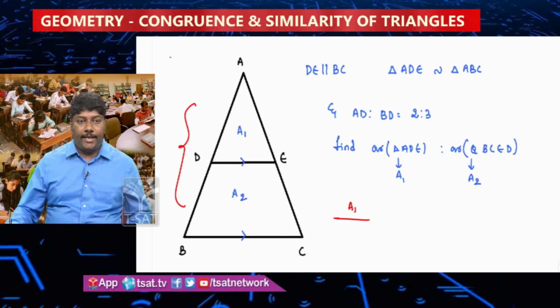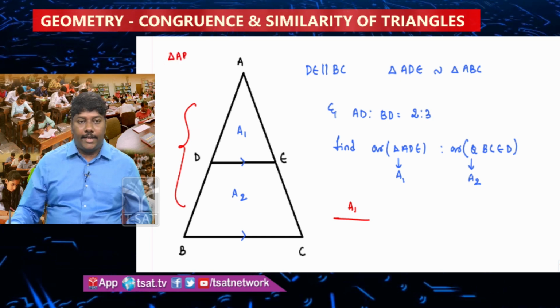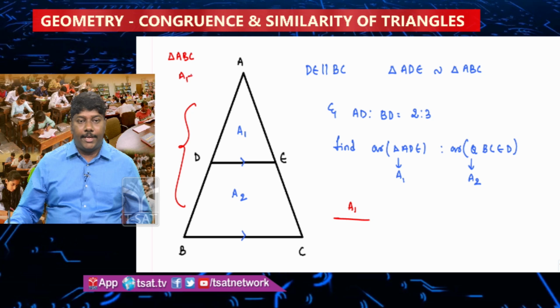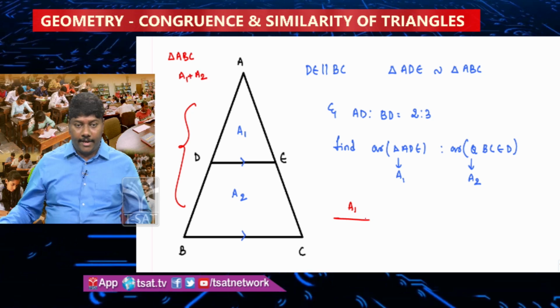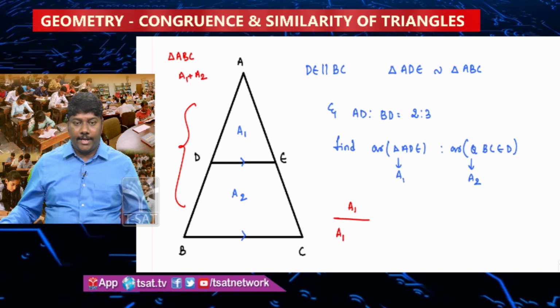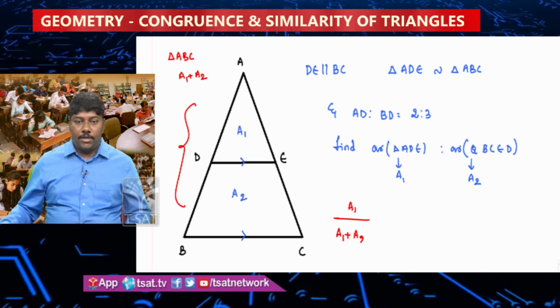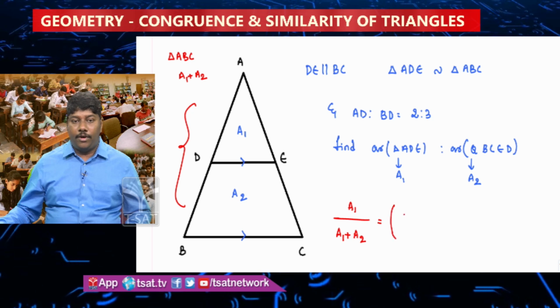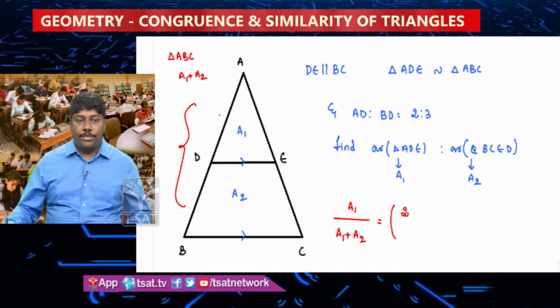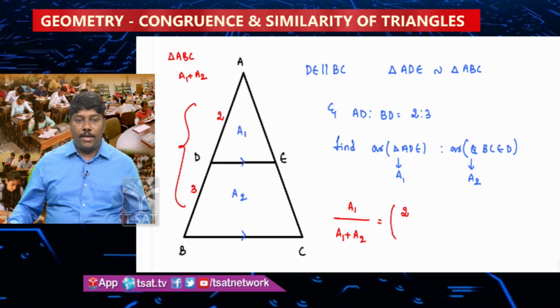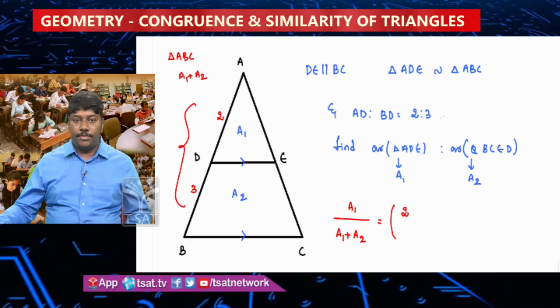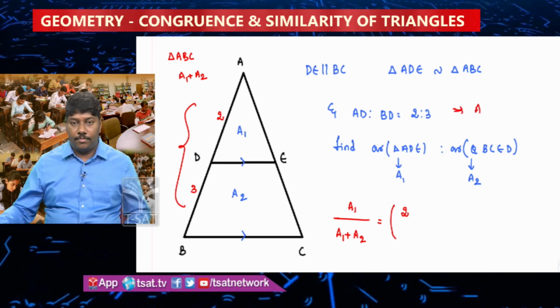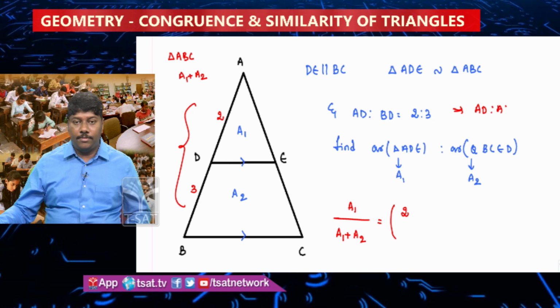The whole triangle ABC becomes area 1 plus area 2. So small triangle is area 1, bigger triangle is area 1 plus area 2. Ratio of their areas, ratio of their sides, if this is 2 and this is 3, AD is to AB becomes 2 is to 5.